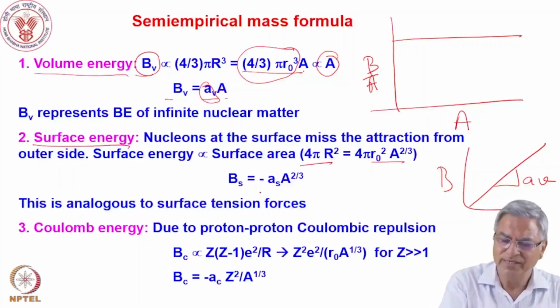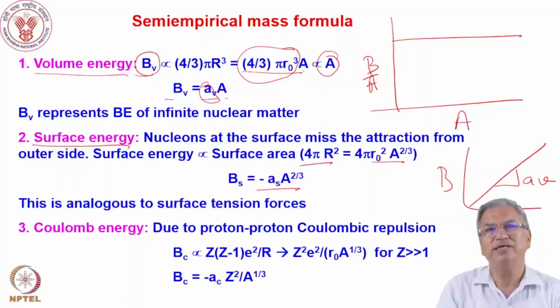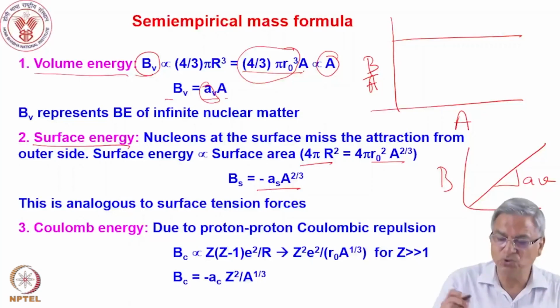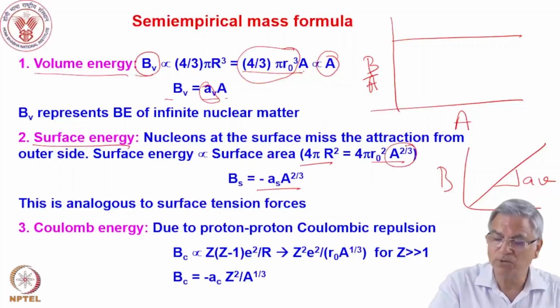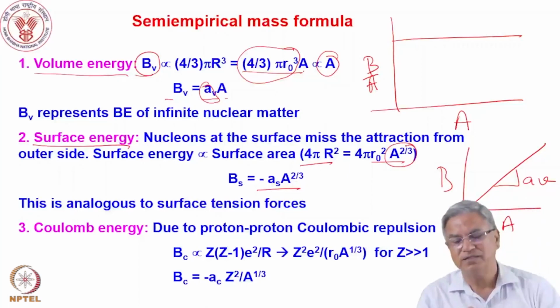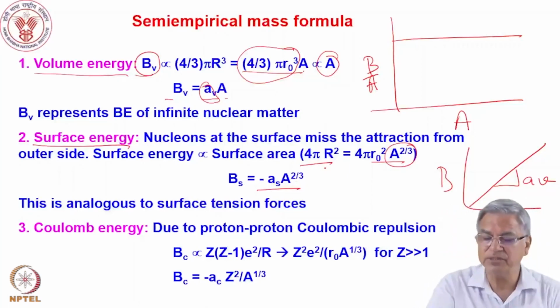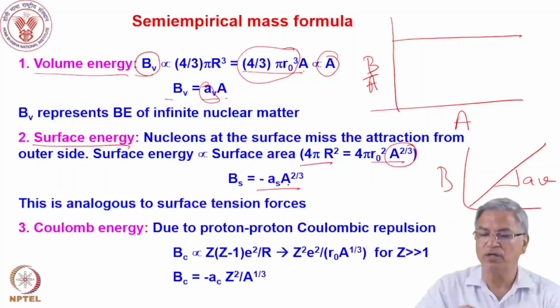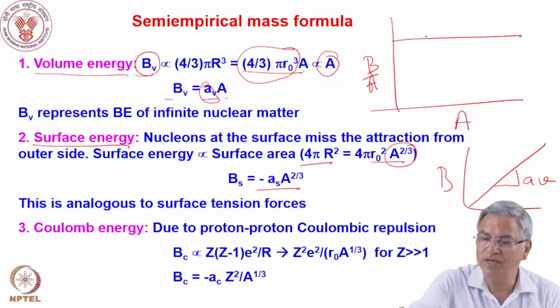That is why this surface energy term is a negative contribution to binding energy: minus A_S, the surface energy constant, into A to the power 2/3, because the surface area is proportional to r squared, and hence A raised to 2/3.